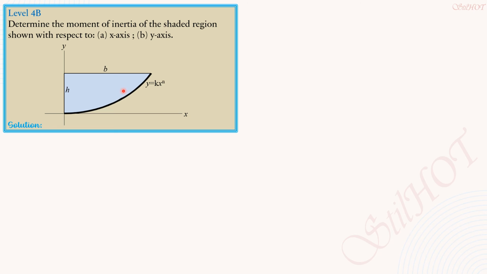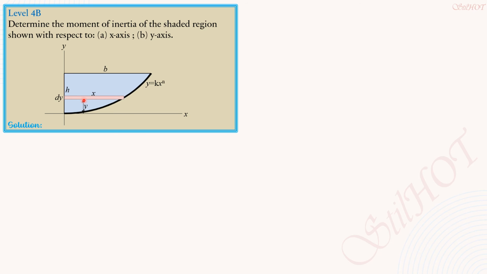So let's have a horizontal strip, and the length of the strip is x, the thickness is dy, it crosses y, and the distance of the strip from the x-axis is y.